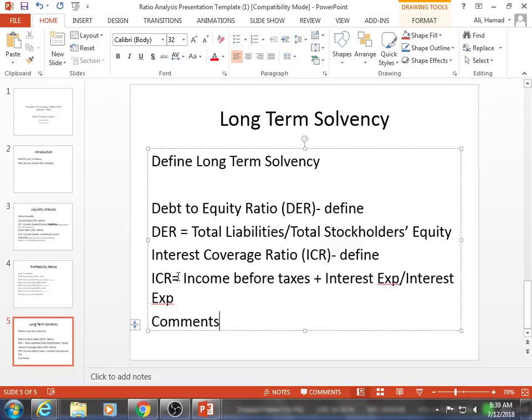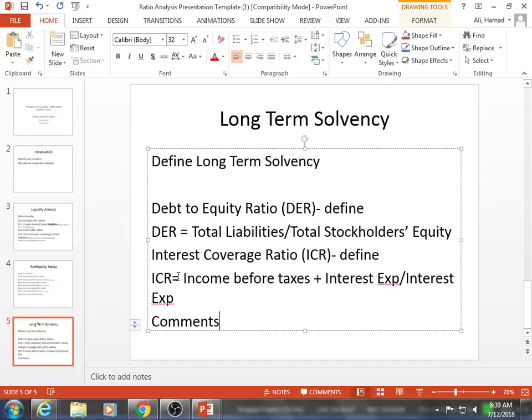We are on long-term solvency, and we started with the debt to equity ratio. You take your total liabilities and divide it by your total equity.